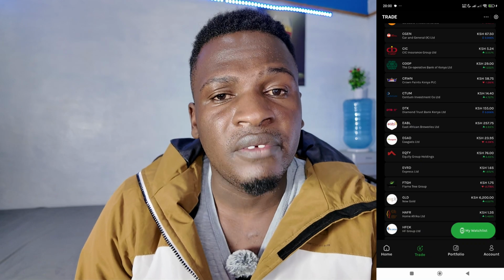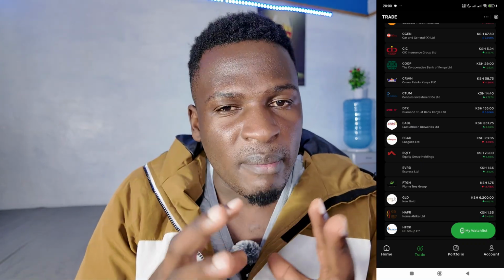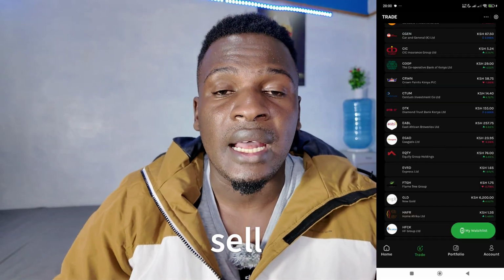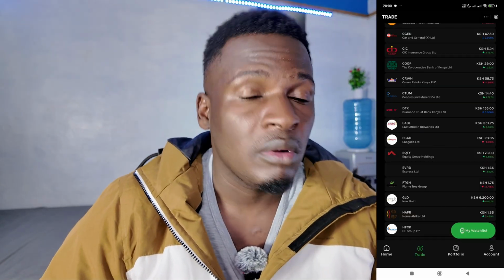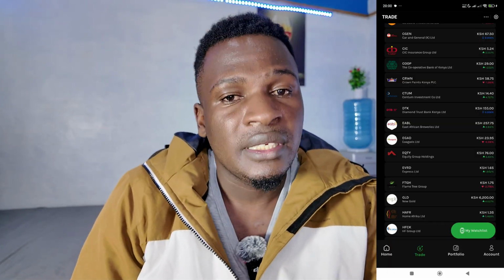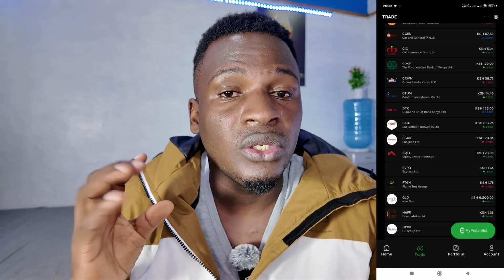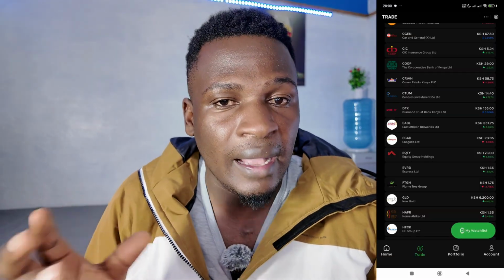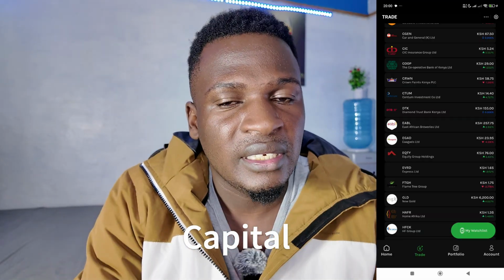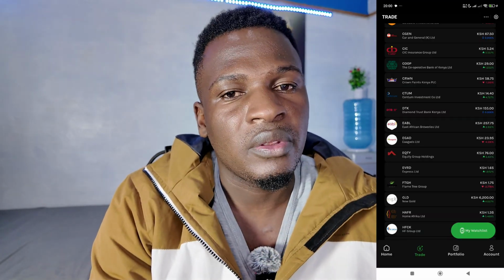How do we benefit from shares? We buy at a low amount, maybe 10 bob, and we sell at a higher amount, maybe 18 bob, or 20 bob, or even 13 bob. You have made a profit depending on the capital you took from your pocket and staked, saying I want to have ownership in this company.